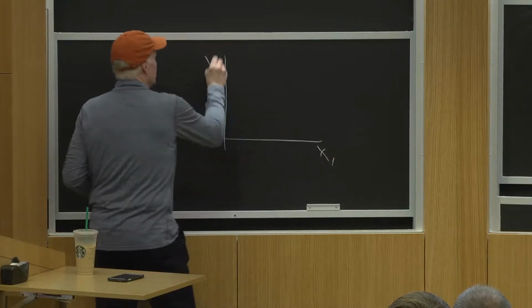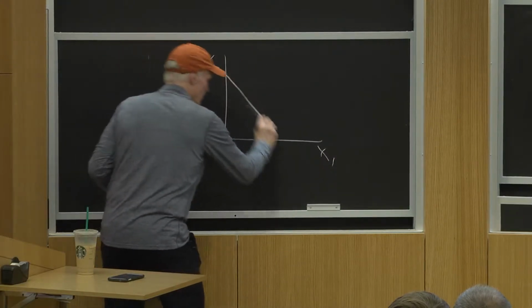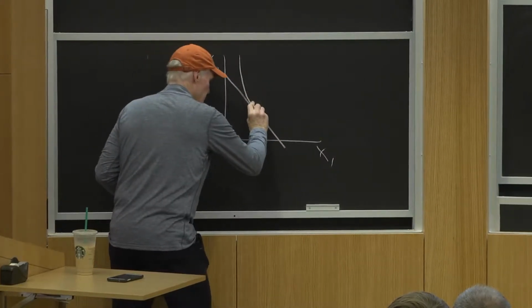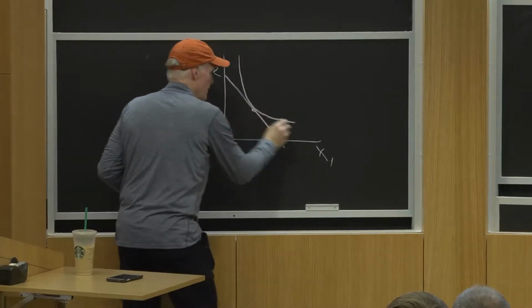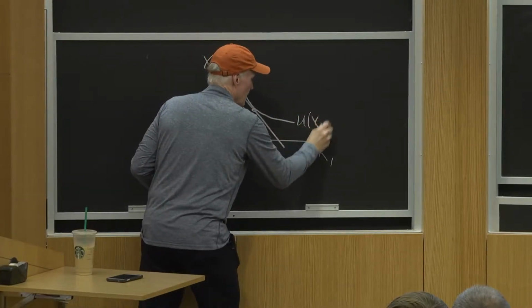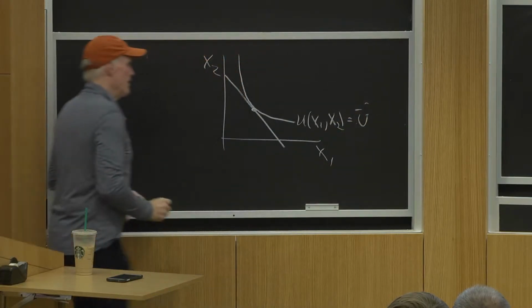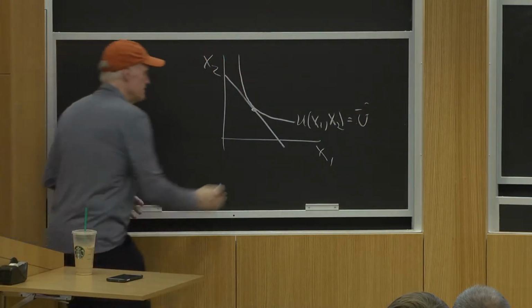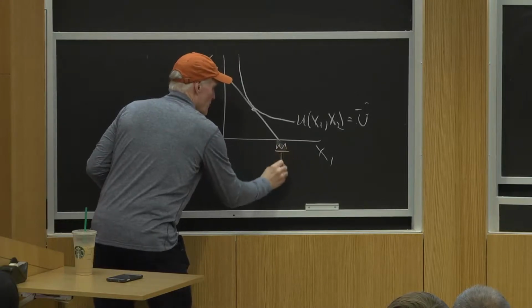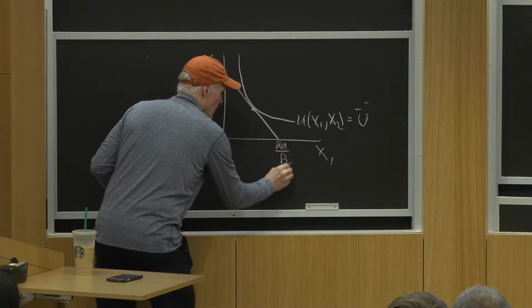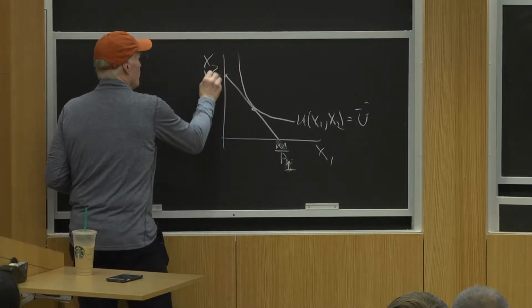Think of the two good case, x1, x2. I got this solution. This is u of x1, x2 equals u bar. This is some m over p1, m over p2.